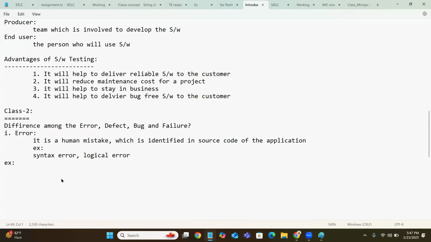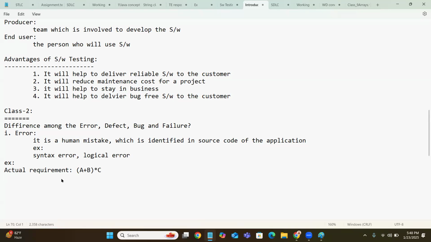So, for example, the actual requirement is like this: first two numbers they want to add, and with that sum, I want to multiply the third number. That is the actual requirement.